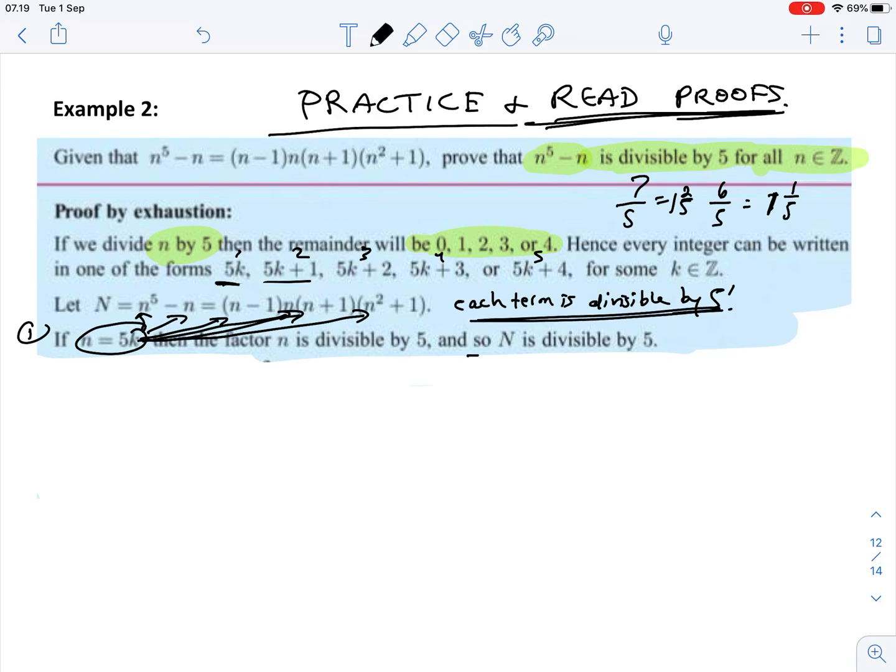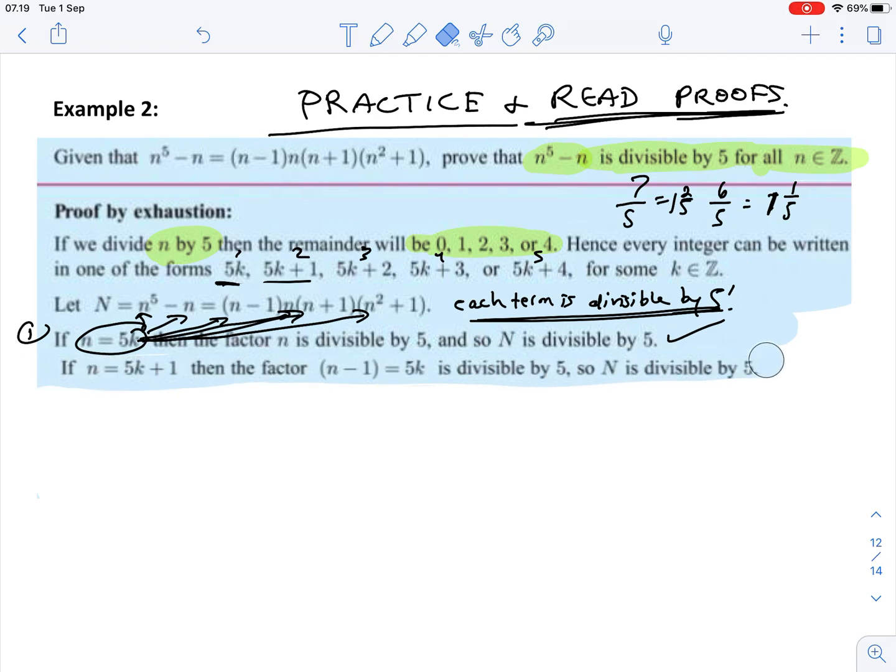Of course you would show this. I know the book here doesn't show it, but you would show it. So that case, boom, we're good to go. And so n is divisible by 5. Then you move on to the next case.